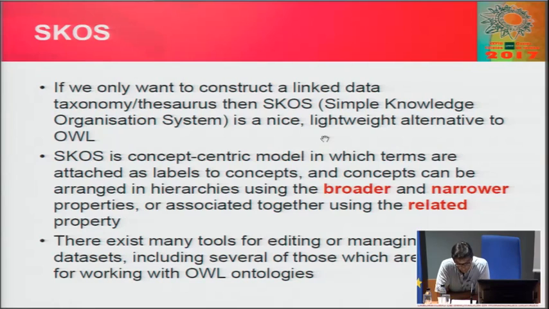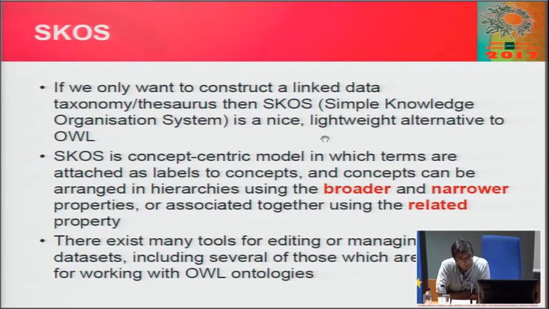Before I actually move on to talk about OWL itself, I just want to mention SKOS. If you only really want to construct a taxonomy or a thesaurus, you might not necessarily need to go down the OWL route.